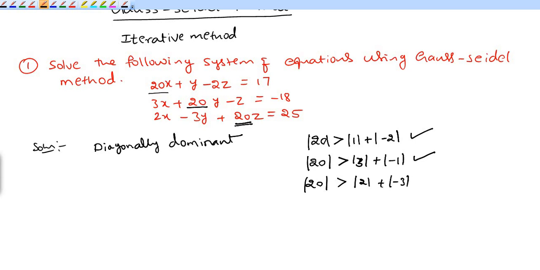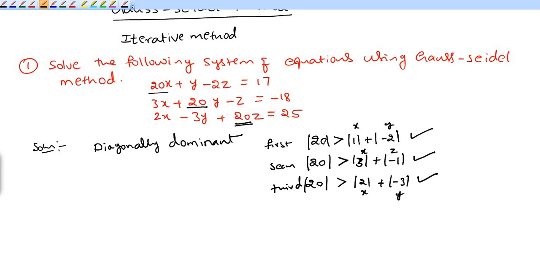This 20 is greater than 5. This is also true. See, in the first equation, second and third, the diagonal elements were taken. This is the coefficient of y and z. This is the coefficient of x and z. This is the coefficient of x and y.